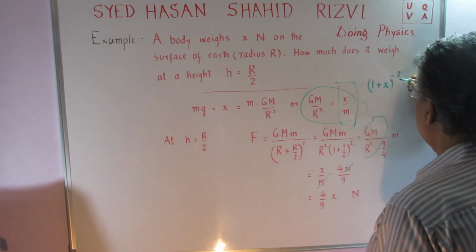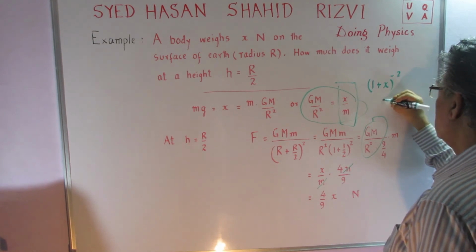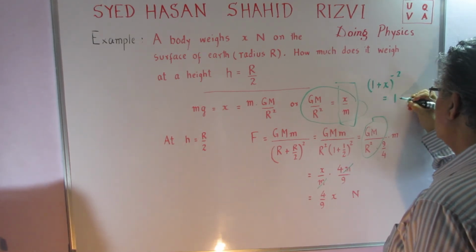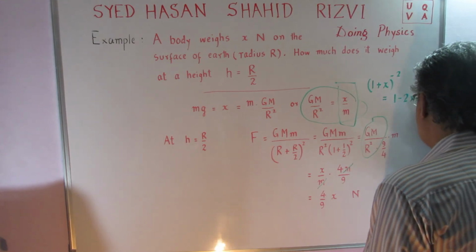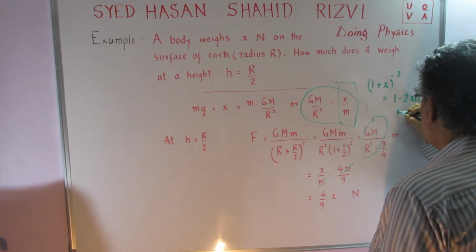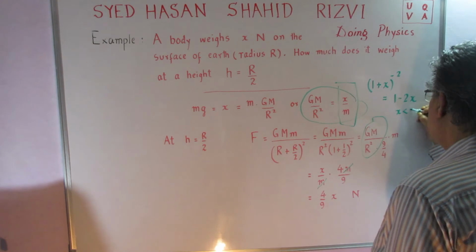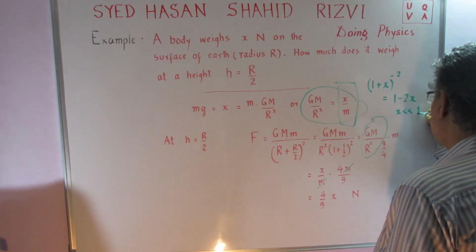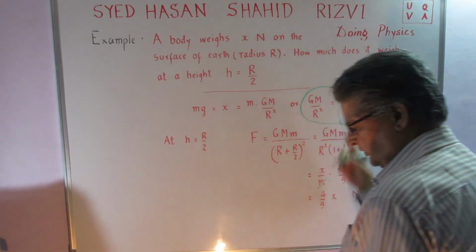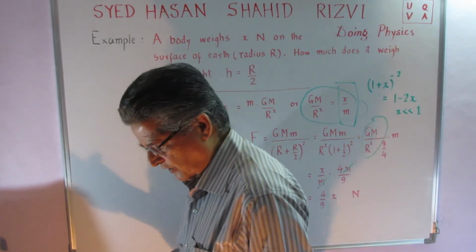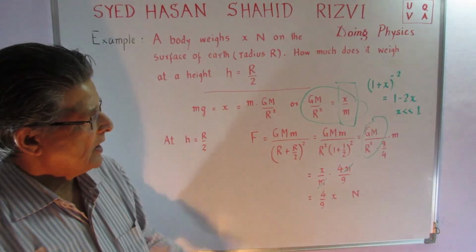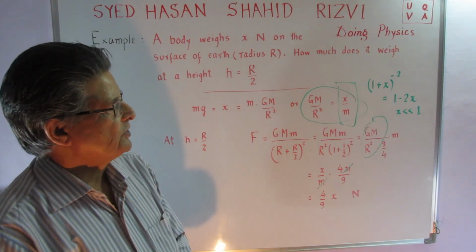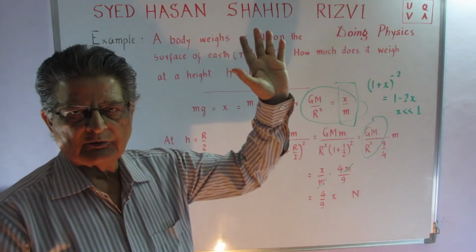If this x is very, very small, this will be equal to 1 minus 2x. This is the linear approximation, the binomial approximation, where x is very, very small as compared to 1. So this kind of an equation we are going to use further in the determination of how the value of g changes with the height above the surface of the earth.